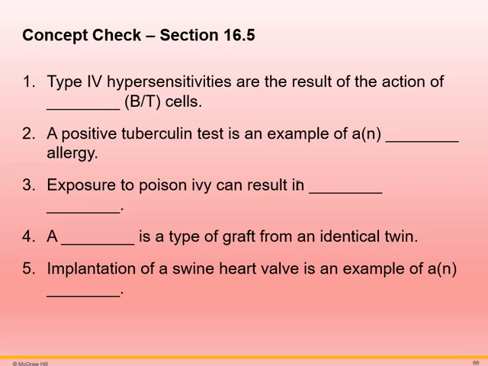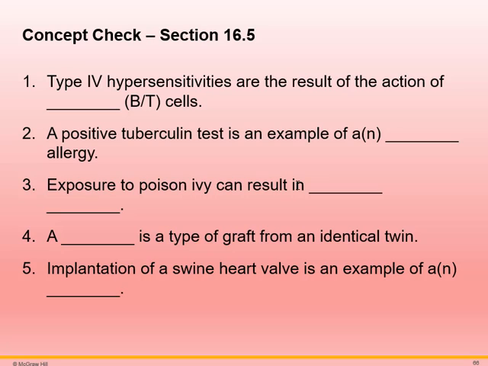So that's contact dermatitis, as opposed to atopic dermatitis, which is like eczema, is a type 1. The difference would be, again, T cells with this type, where it's antibody mediated in the type 1. Type 1 is immediate, where this is a delayed response.